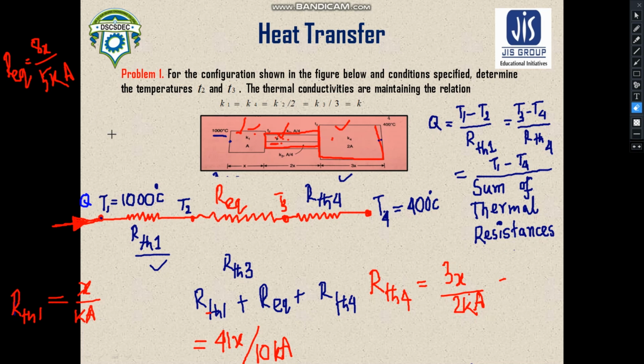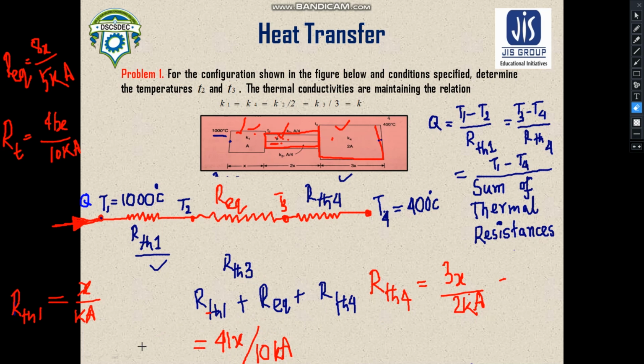Okay, now I hope that this circuit will not be required most probably. So this RT refers to the total resistance, which is 41x by 10Ka. I hope you have understood how we are finding this RT. This is the summation of all these three.